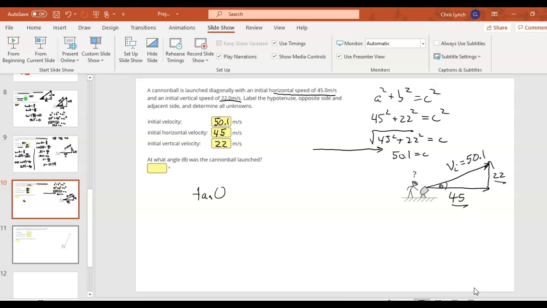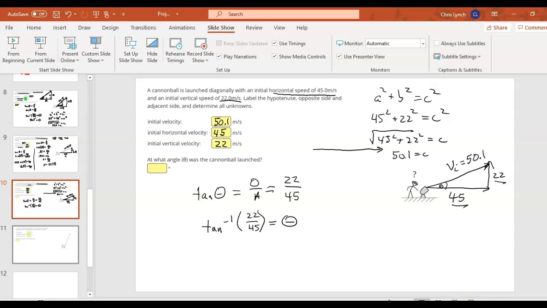So tangent of an angle is the opposite over the adjacent. In our case, the opposite is the vertical, which is 22 meters per second, and the adjacent is 45 meters per second, the horizontal. To find the angle, we take the inverse of the ratio, and that will give us the angle.